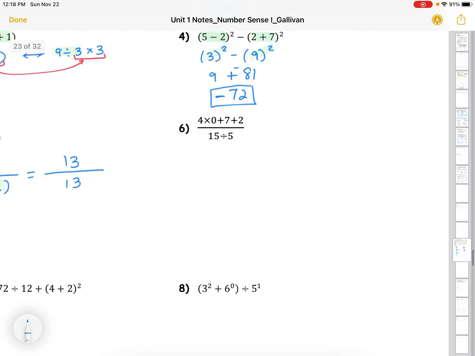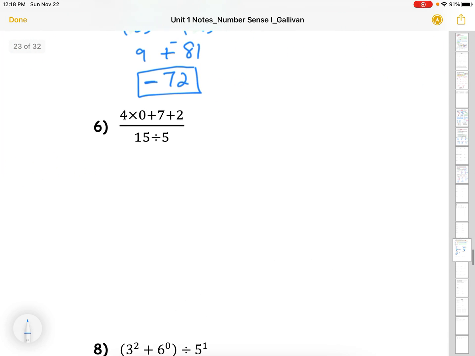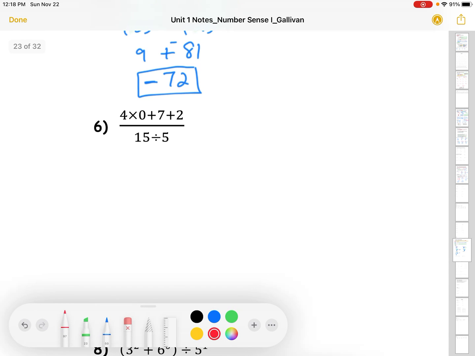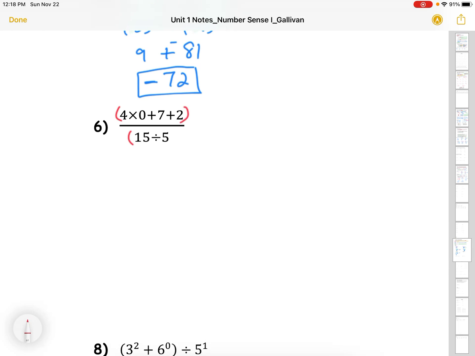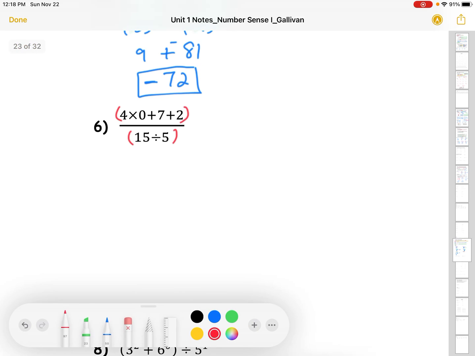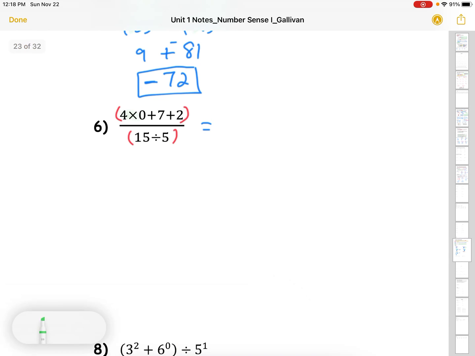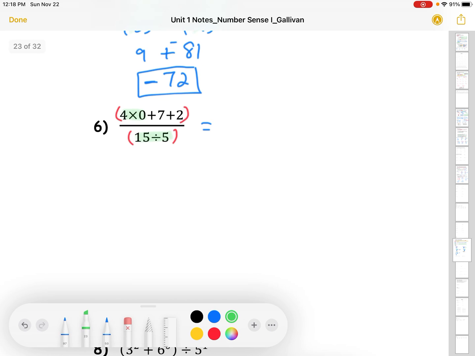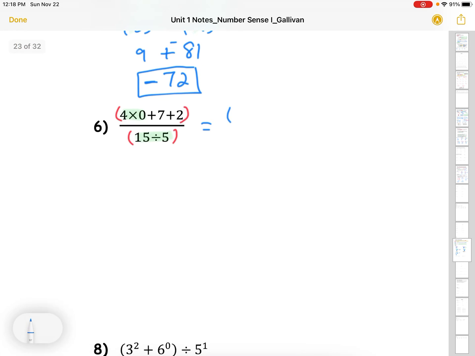Okay, again, we have our fractions here, so we're going to pretend there are visible brackets around the top and the bottom. And within those brackets, I'm going to do the multiplication up here first, and then the division. Okay, so 4 times 0 is 0, plus 7 plus 2.